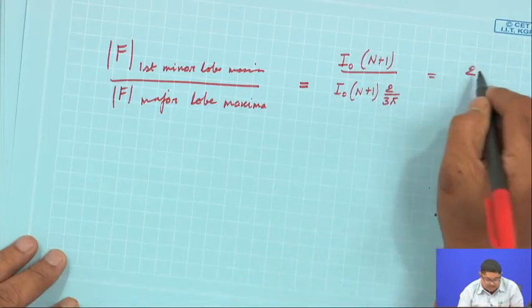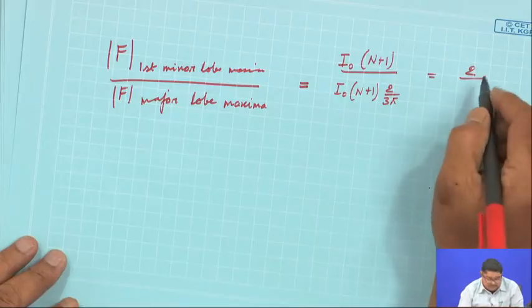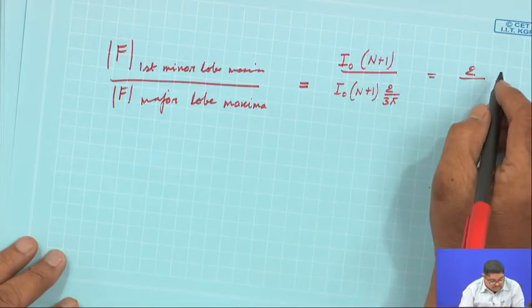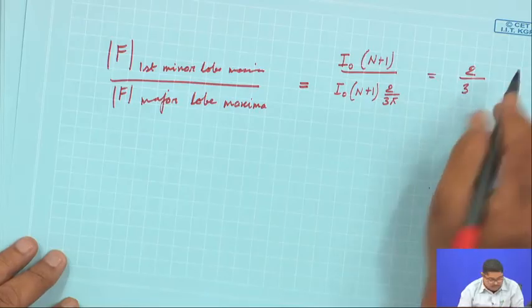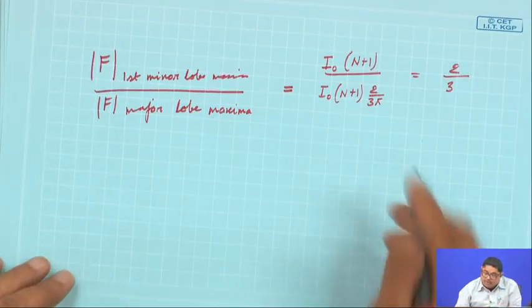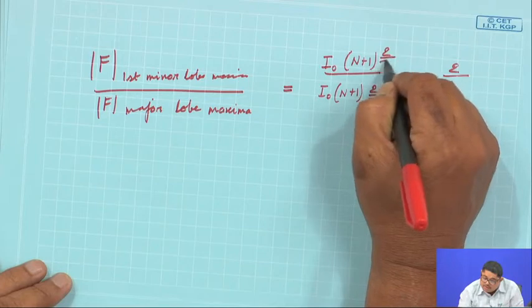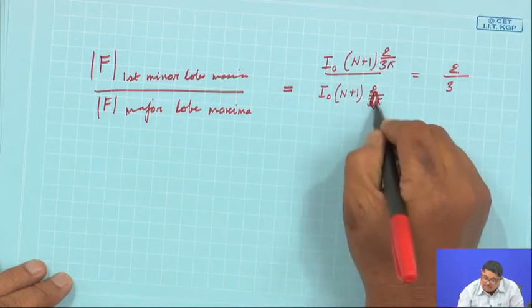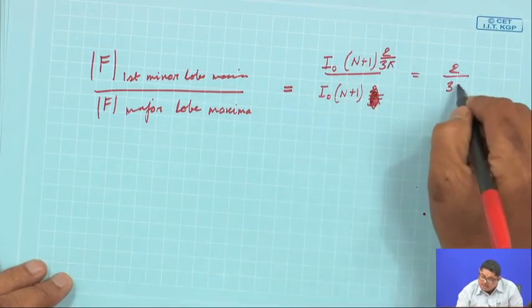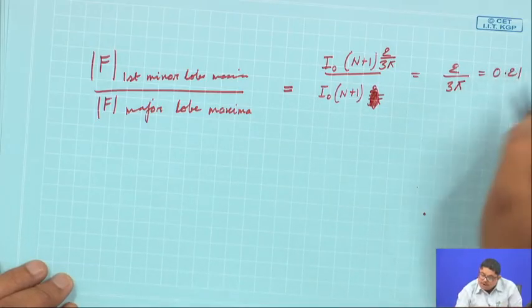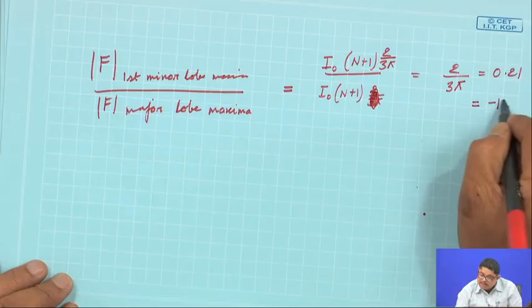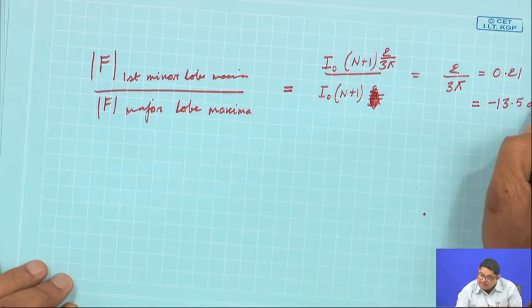So that becomes 2 by 3 pi, and that value is 0.21, and that is minus 13.5 dB.